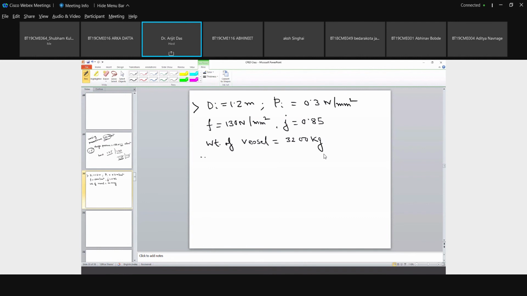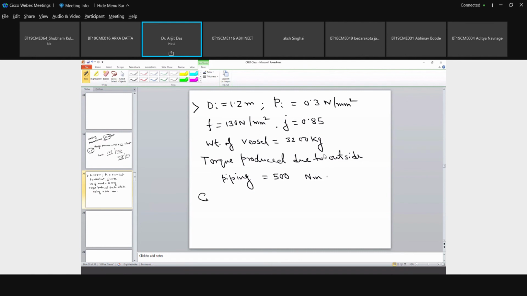It is also given that the torque produced due to offset piping, or outside piping, is 500 Newton meter.